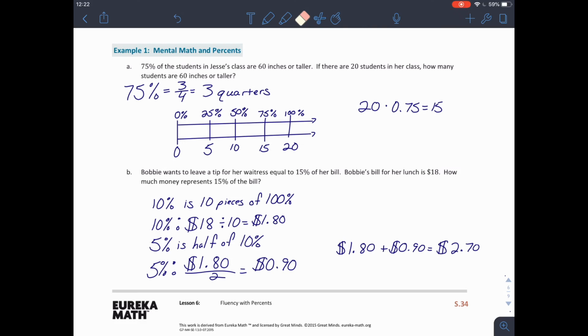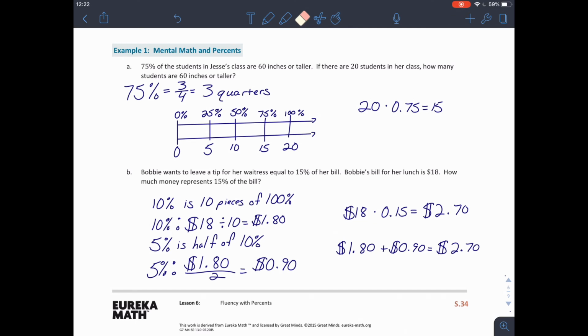So 15% would be the 10% and the 5% together. So $1.80 plus 90 cents is $2.70. Instead, if I used a more traditional strategy for this, I could have just taken my whole and multiplied by my percent as a decimal, of course, and I still would have gotten the $2.70. But one's a bit easier to do mentally, and one is not.